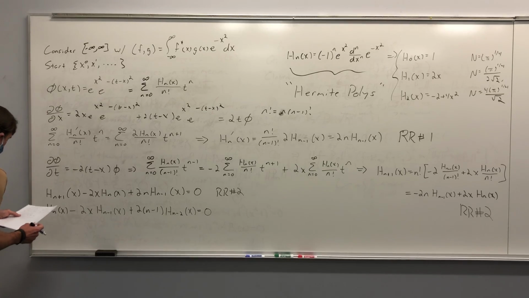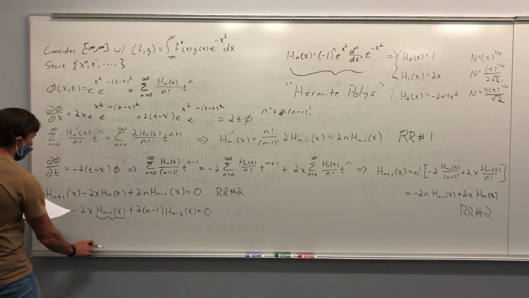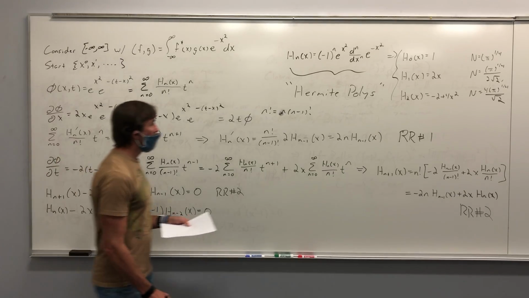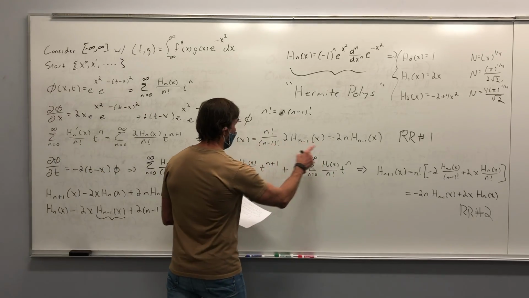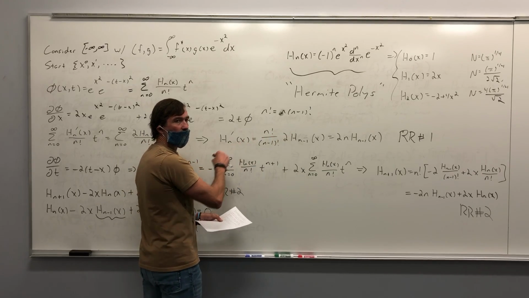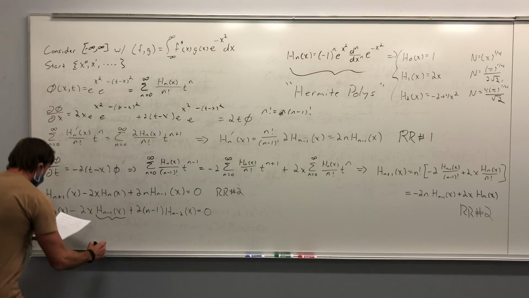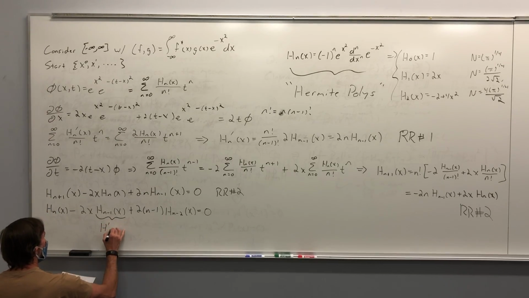And now what I can do is say, all right, hn minus 1 is hn prime with that coefficient. So I can take this hn minus 1 and replace it with hn prime of x over 2n.